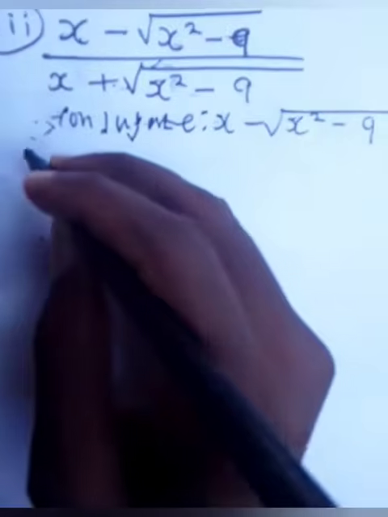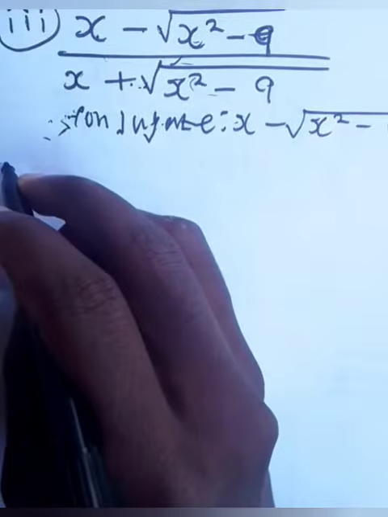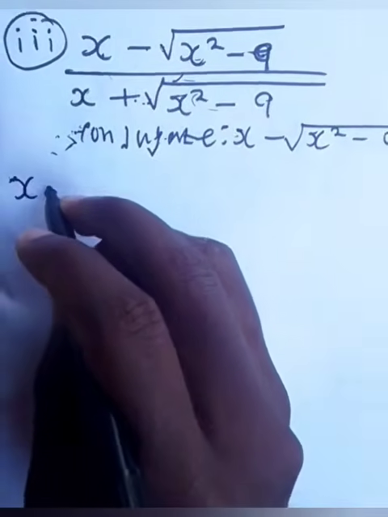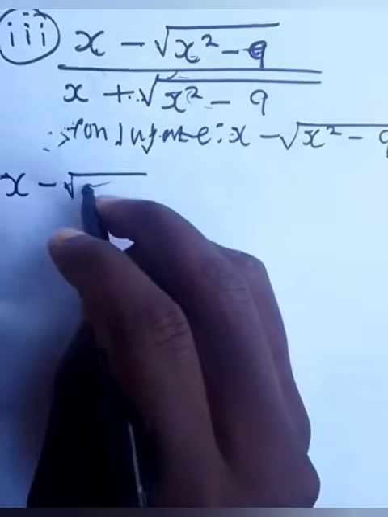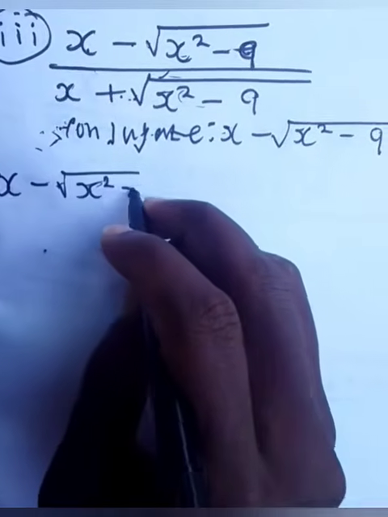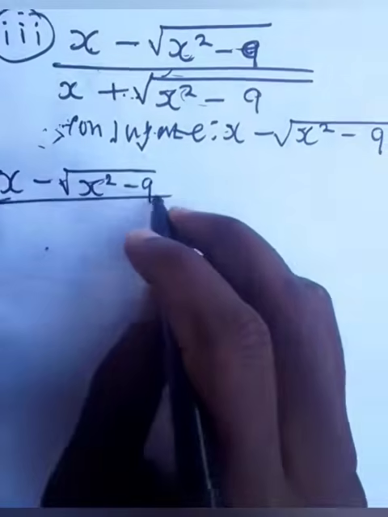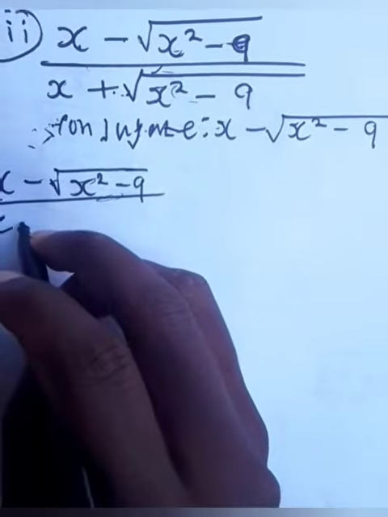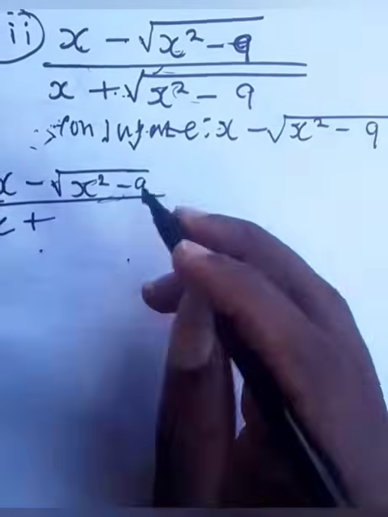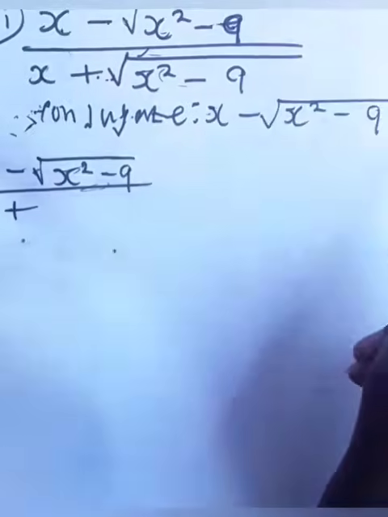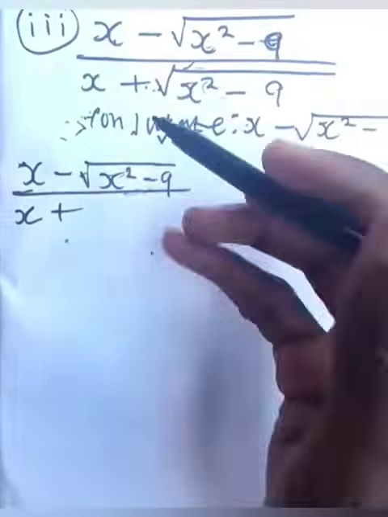So we're going to say x minus square root of x power 2 minus 9, right, over x plus square root of x power 2 minus 9. So right now I'm just trying to multiply this conjugate with the numerator and denominator. That's what I'm trying to do.